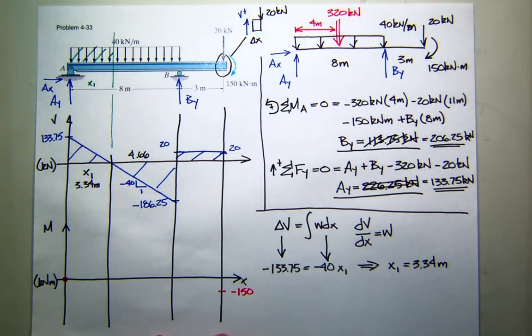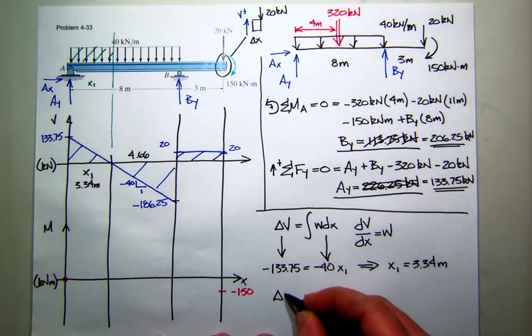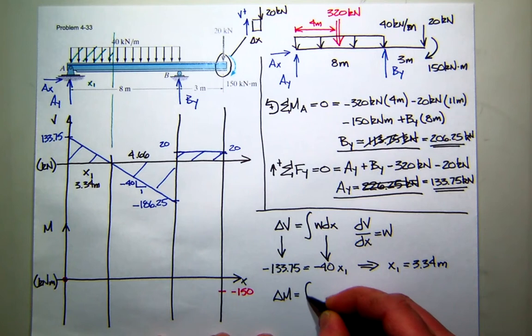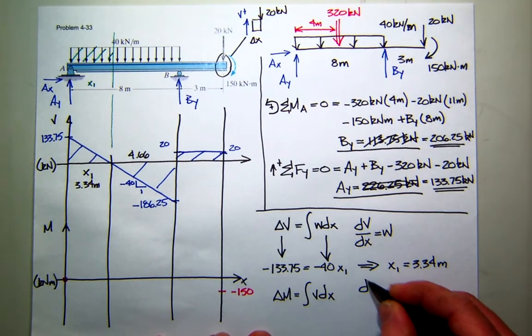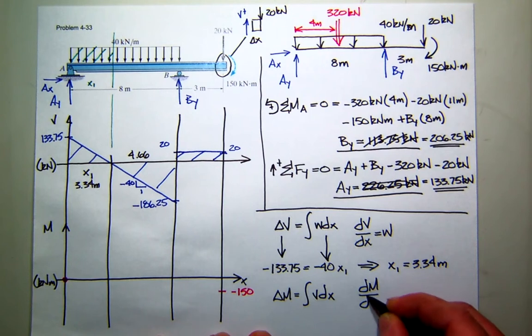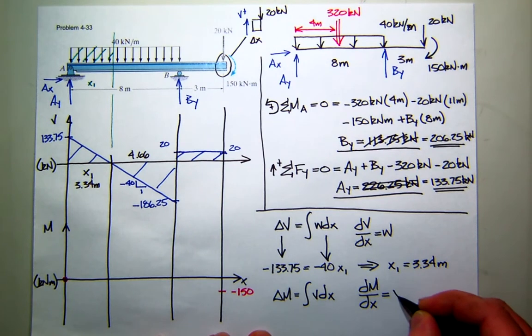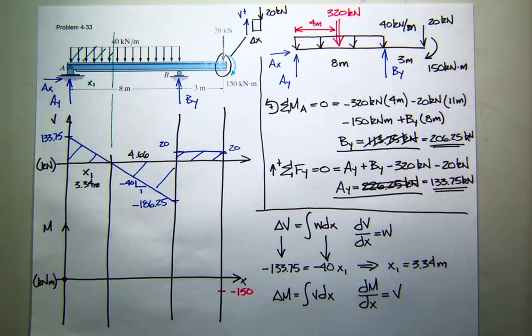We're ready to roll. We know from our relationships that the change in moment is the area under the shear diagram, and that the derivative of the moment is the shear. So let's apply that.